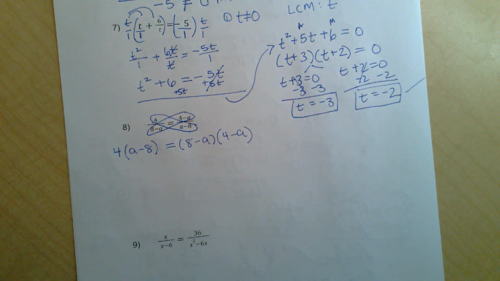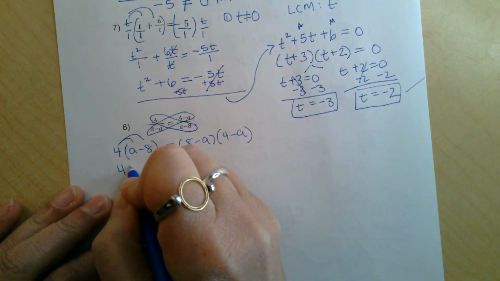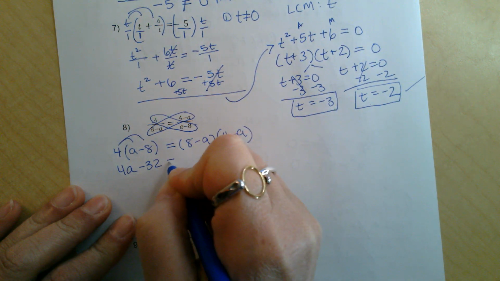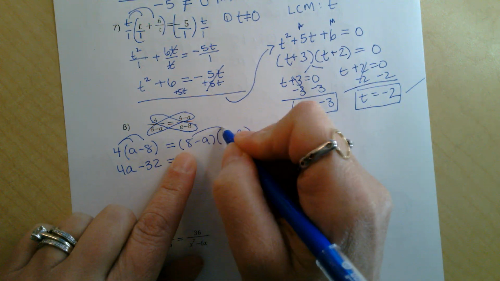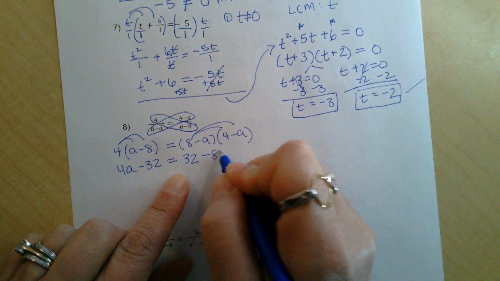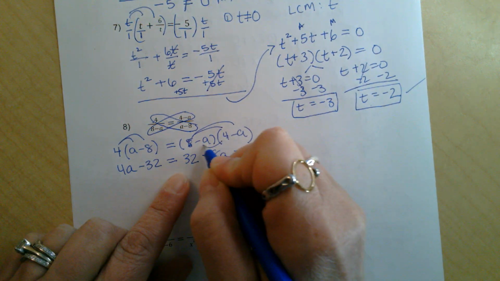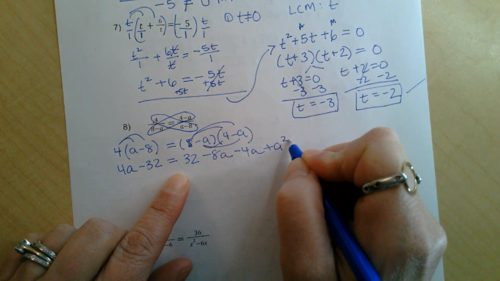And notice everybody got parentheses because we have some multiplication to do here. This is a little bit longer one, so here I'm going to distribute. 4a minus 32 equals 8 times 4 is 32, 8 times negative a is negative 8a, negative 4a plus a squared.